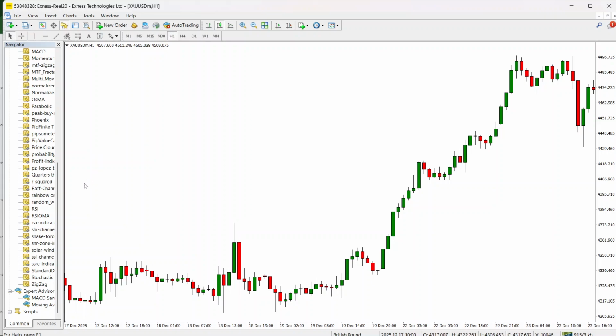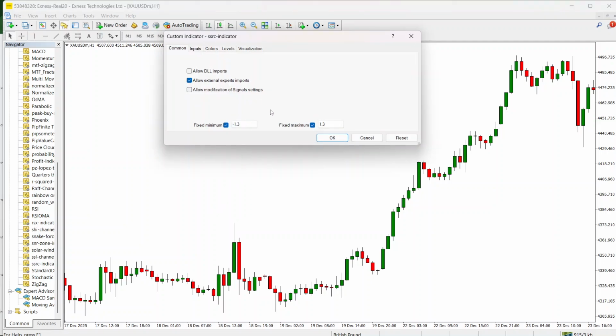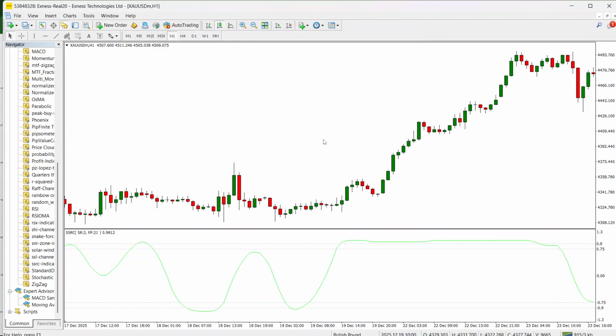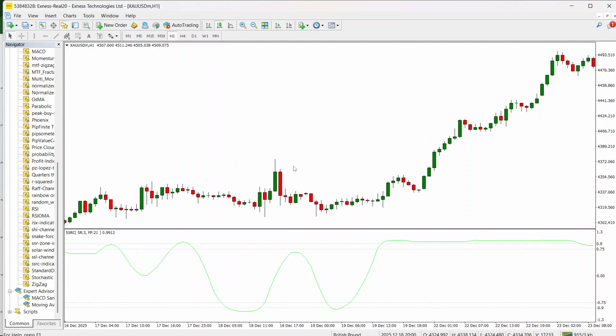The 1.3 level indicates strongly overbought conditions, while minus 1.3 indicates strongly oversold conditions, and the oscillator tends to flatten out when the market seems too bullish or bearish, only starting to bend when the trend is about to end. This behavior makes it effective for determining excellent trade entries and exits, particularly when combined with trend following filters.